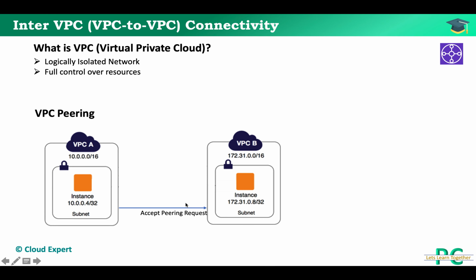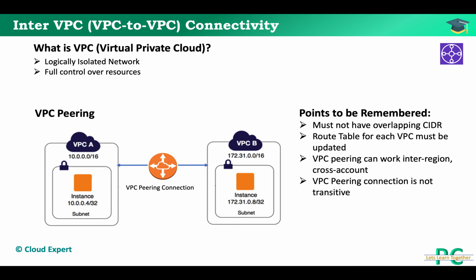When I accept that peering request, it will give me a dedicated peering connection between the two VPCs. Now instances from VPC A will be able to connect to VPC B, provided I have updated the route tables in each VPC.